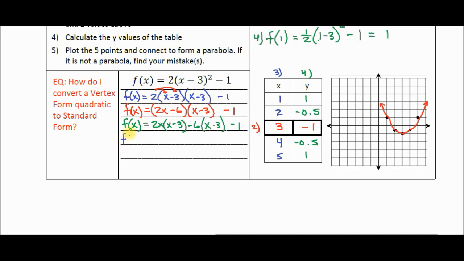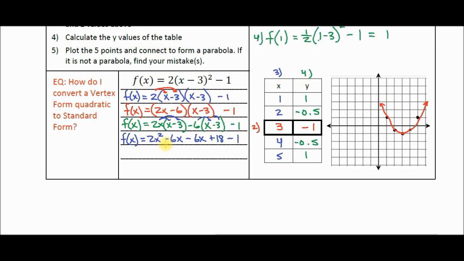Next step, let's just go ahead and distribute the monomials to the binomials. So 2x times x is 2x squared. 2x times negative 3 is negative 6x. Negative 6 times x is negative 6x. And negative 6 times negative 3 is positive 18. And then we still have our subtract 1 on the end.